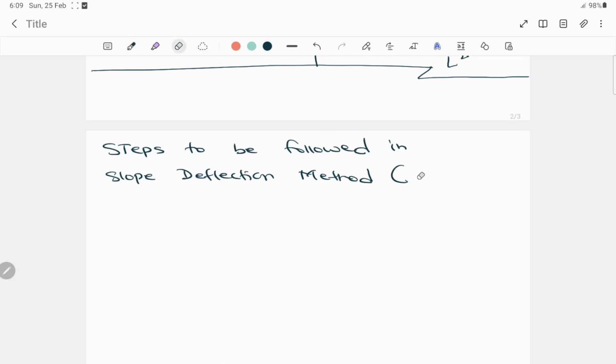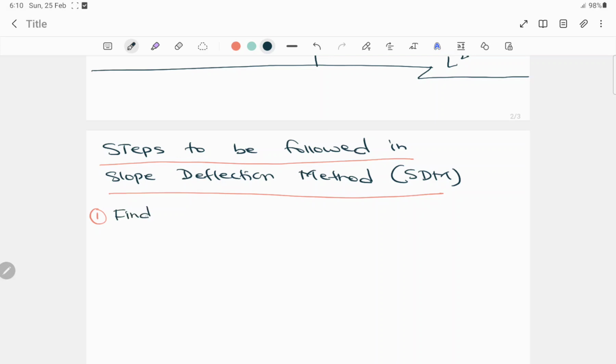So the first step is to find the fixed end moment.